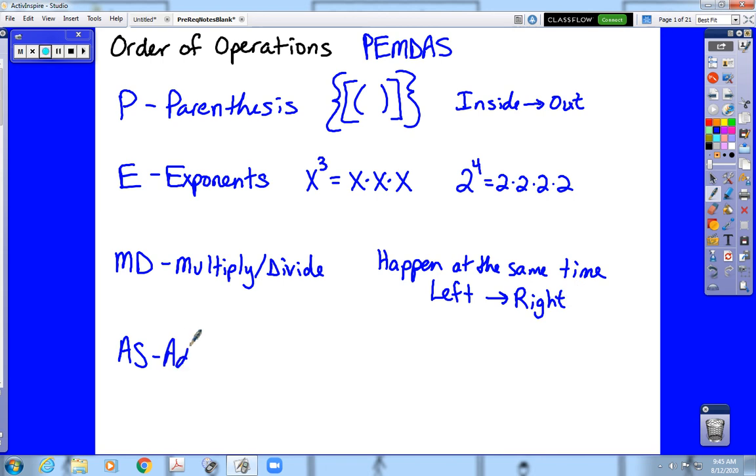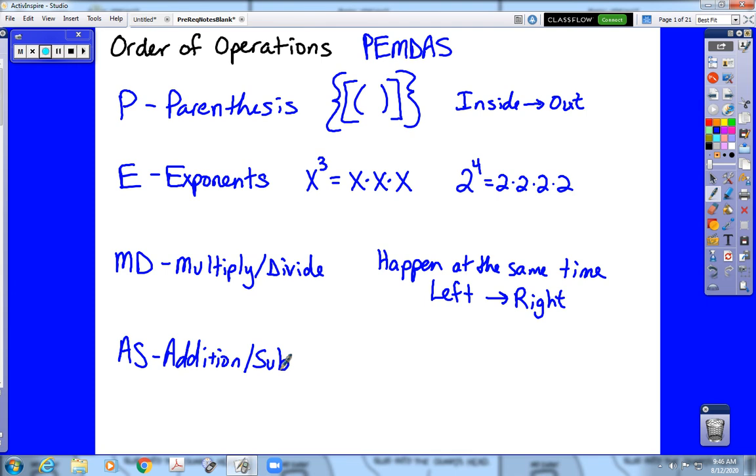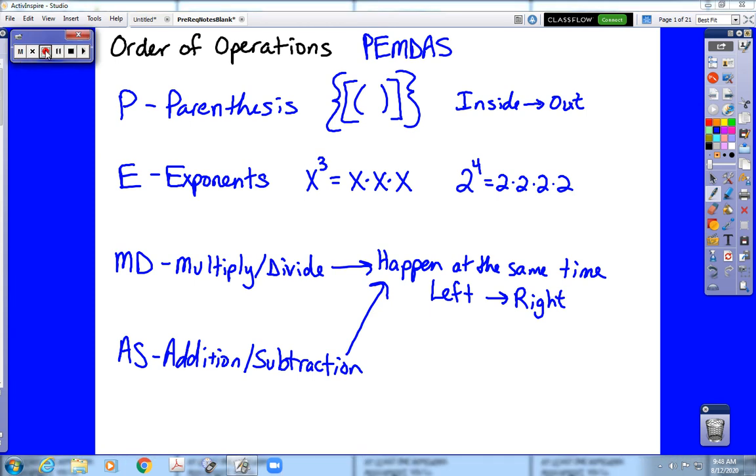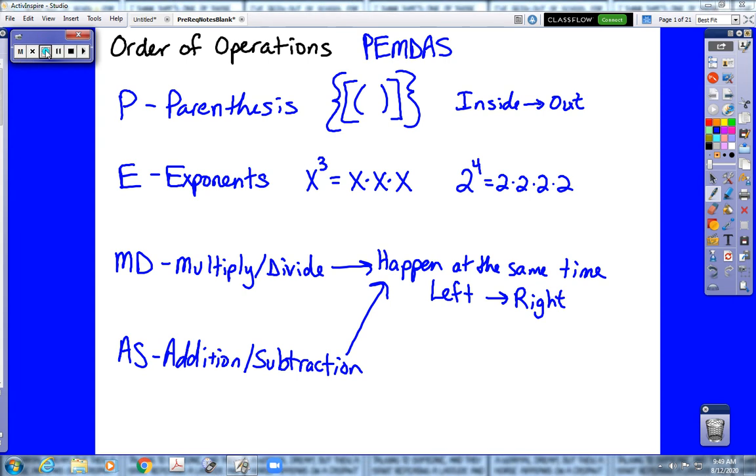Same thing for AS, that is addition and subtraction. We always work at the same time and from left to right. Okay, so that is how we go through this. Parentheses first from the inside to the outside, then exponents, then multiplication and division from left to right, and then addition and subtraction from left to right.